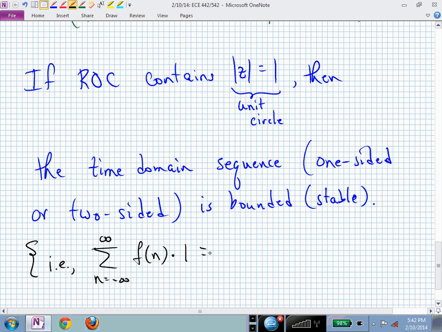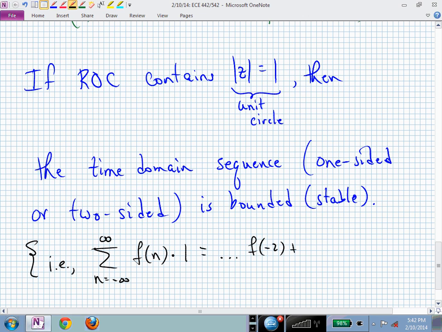Then we would have this sum. Since we have claimed that this is bounded for all values of z inside the region of convergence, and if our region of convergence contains the unit circle, then we could replace that z with anything in that region of convergence, and that sum would be bounded.